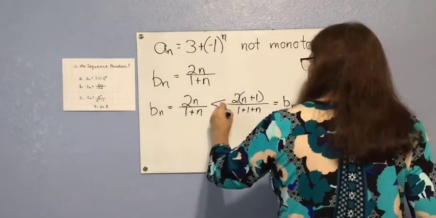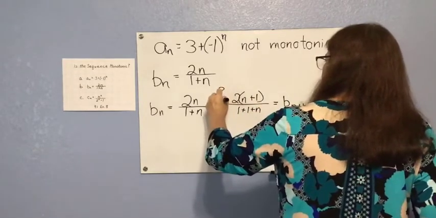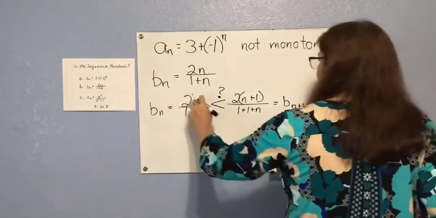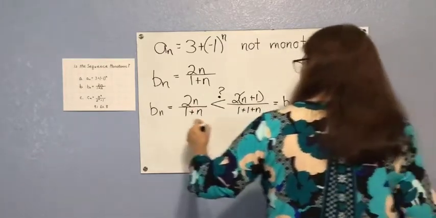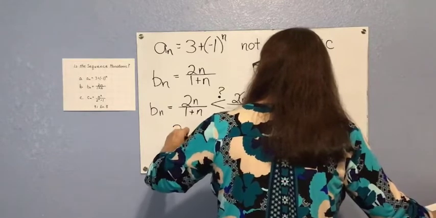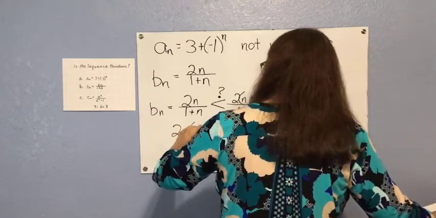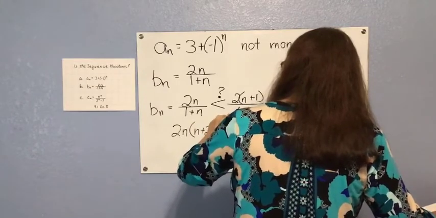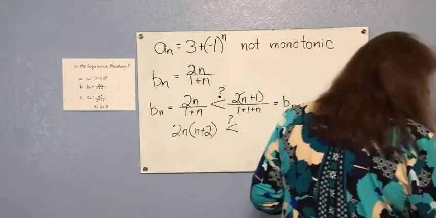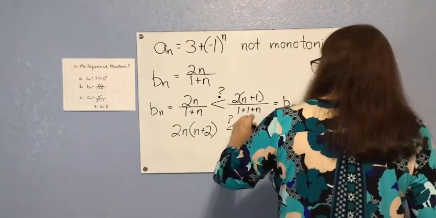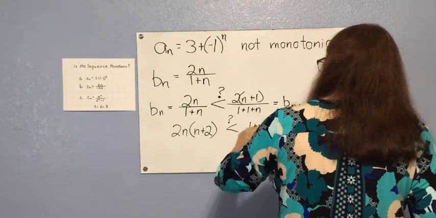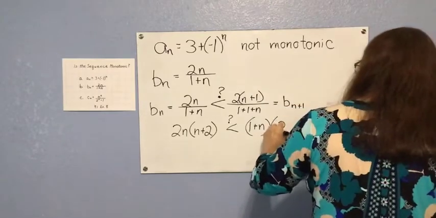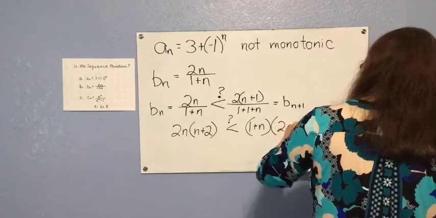Can I demonstrate that this is always larger than this? I'm going to cross multiply here. So I have 2n times n plus 2. I want to know, is that always greater than 1 plus n times 2n plus 2?